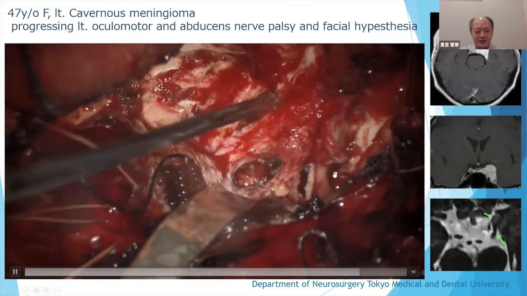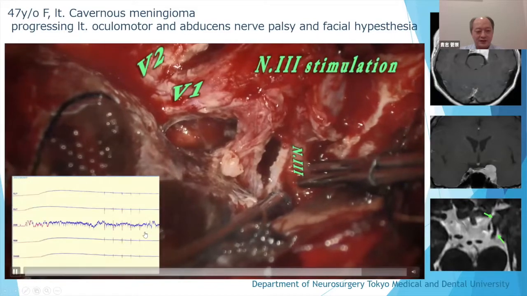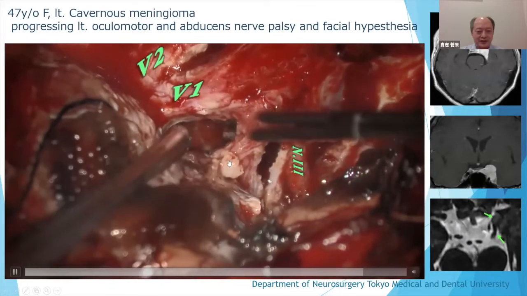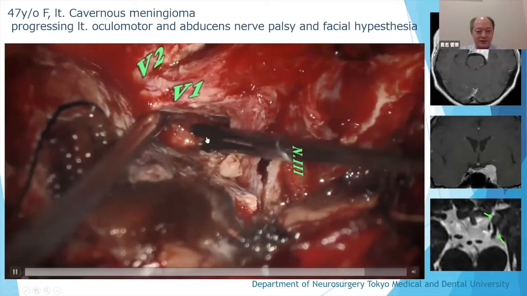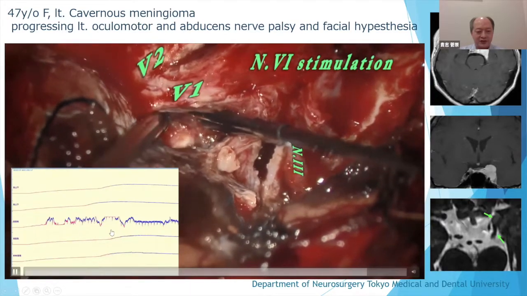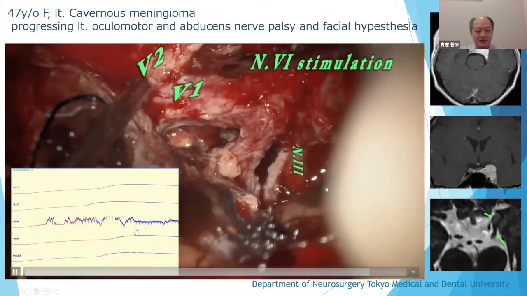And I also stimulate the third nerve here. And this is electromyography. And then this movement shows the right and left movement. And also stimulate the sixth nerve. And electromyography shows the eye movement, left and right movement.